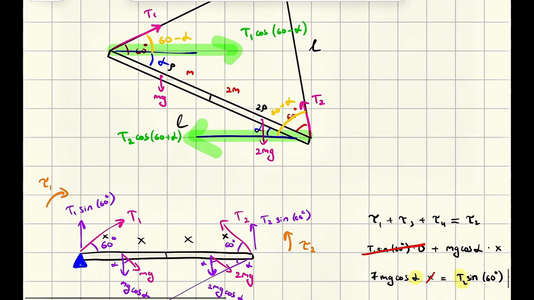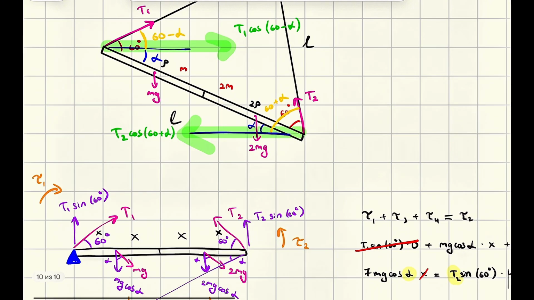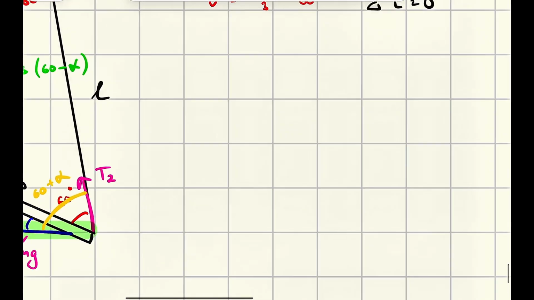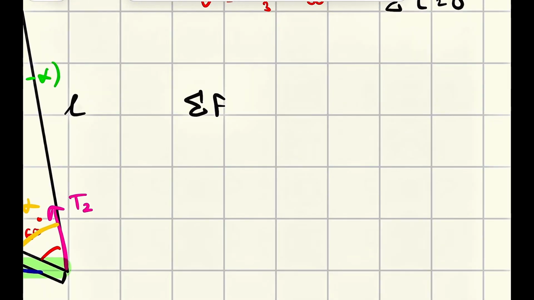Good. And we see that there is no other force acting on our horizontal axis, right? Those two are trying to move this object in two opposing directions, and this thing is not moving, it is in equilibrium. That's why these two are just equal to each other. Let me choose this one. Sum of forces equals 0.